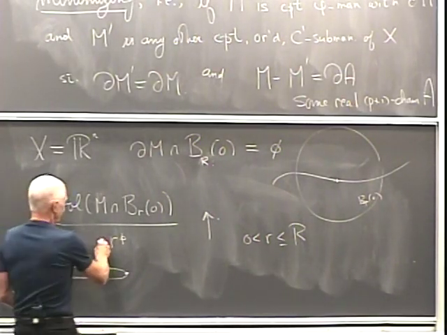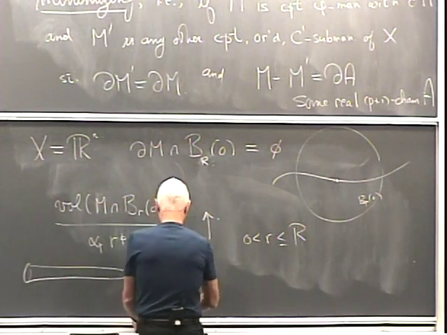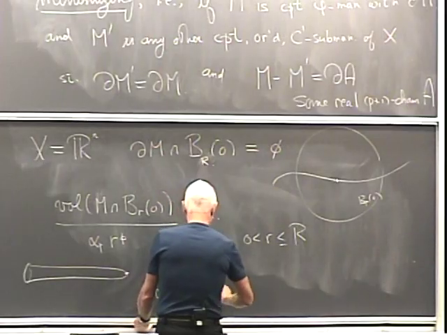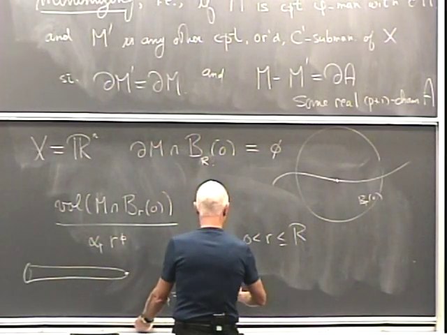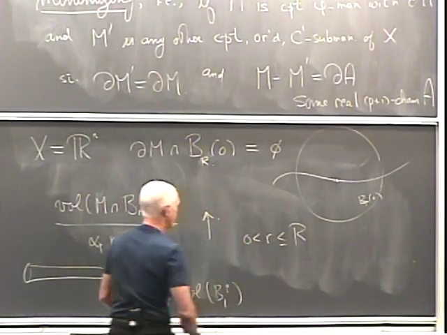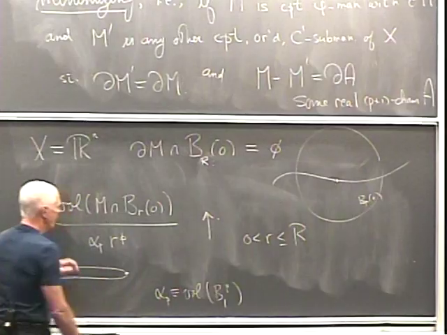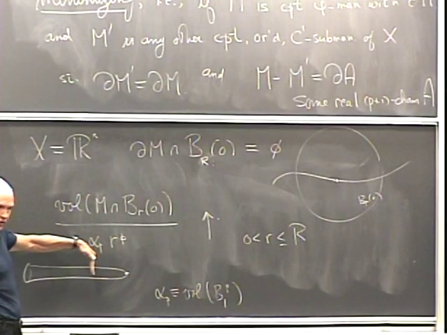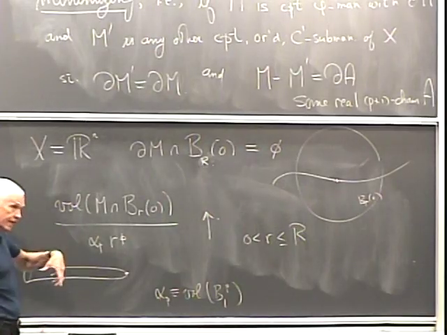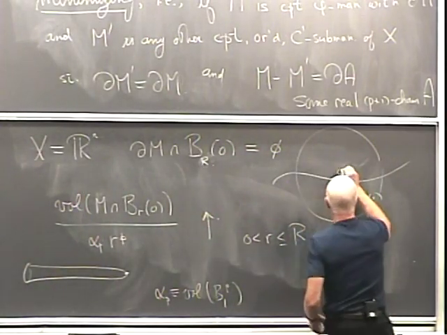And it's common to actually put here the volume of the unit ball of radius 1, of dimension p, alpha p. As r goes to 0, this decreases. It has a limit, and that limit is called the density. Now, of course, if 0 isn't on the manifold, you get 0.